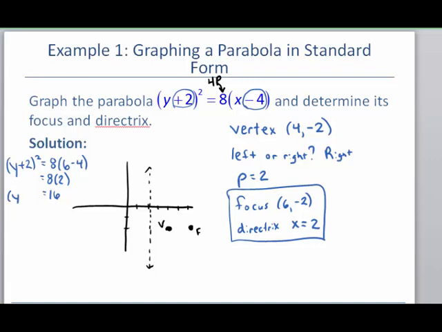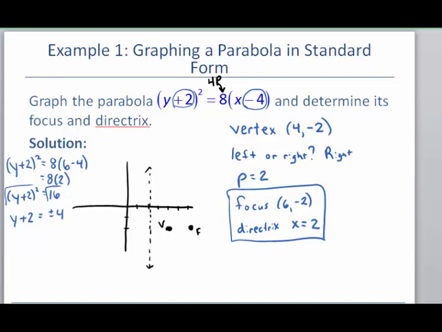So we really have y plus 2 squared equals 16. And remember, we're going to try to solve it for y now. So I am going to take the square root of both sides. So that's going to give me y plus 2 is equal to positive or negative 4. Recall that when you take the square root of a number, you have to consider the positive or the negative.